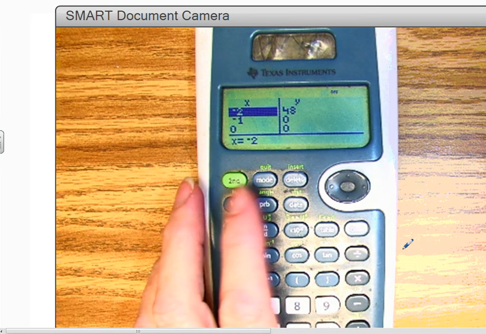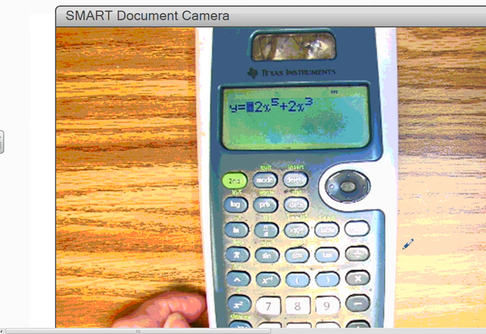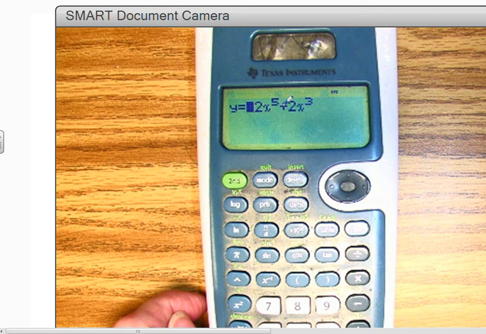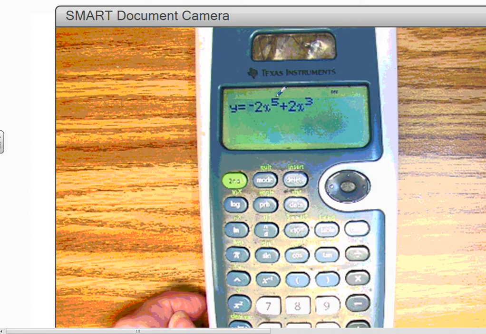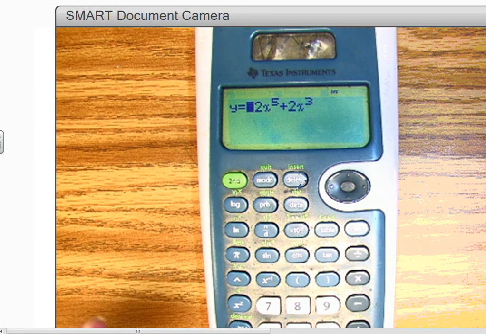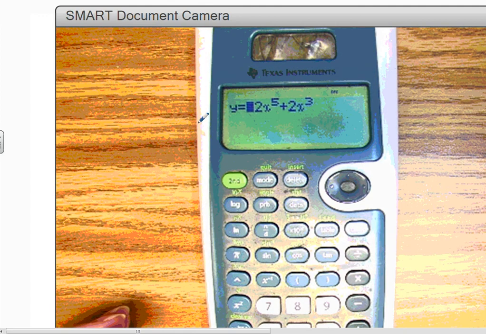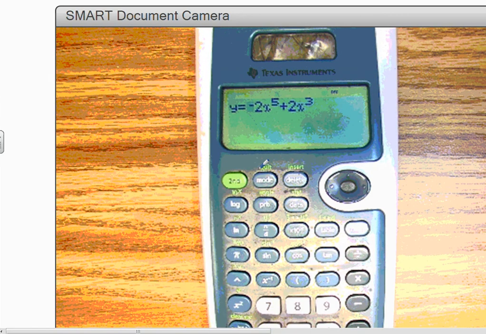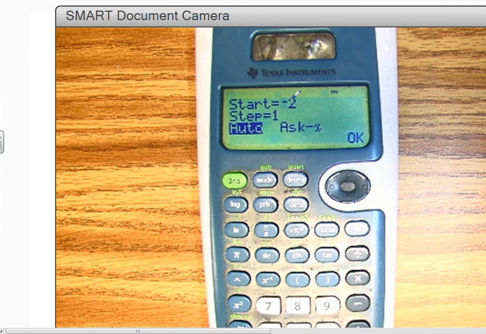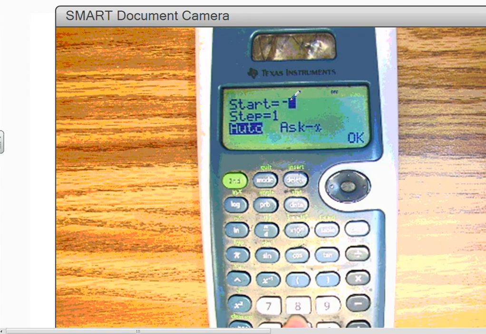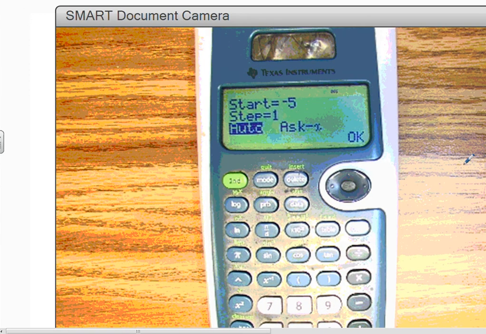I typed in this equation here. Obviously, it is a negative coefficient with an odd degree, right? So I know that this is going from upper left to lower right. Okay, we're going to start at -5. Let's look at our table of values.